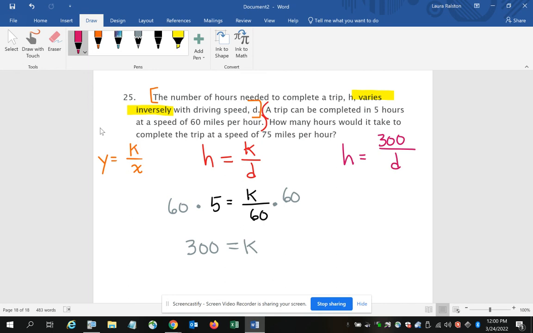It says how many hours would it take to complete a trip going 75 miles per hour. So we have h equals 300 divided by 75 miles per hour, which gives us 4. So it would take us 4 hours to finish the trip if we were driving 75 miles per hour.